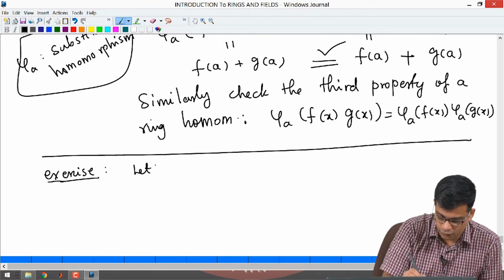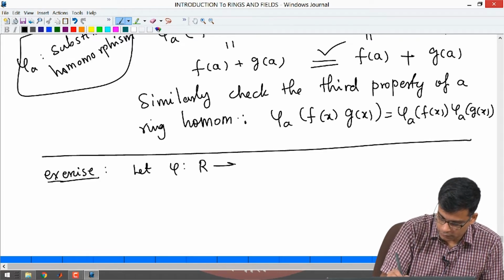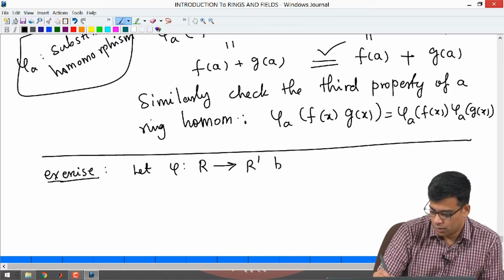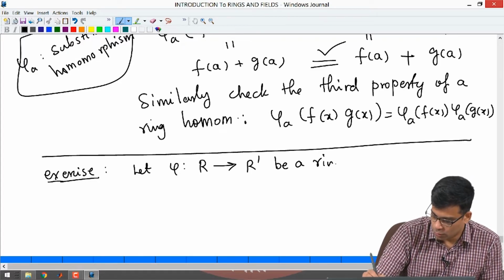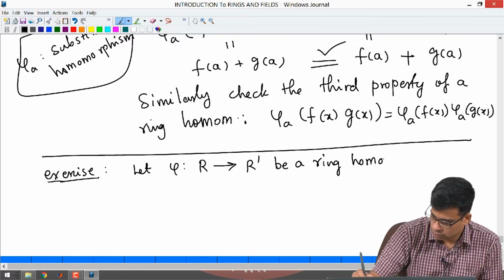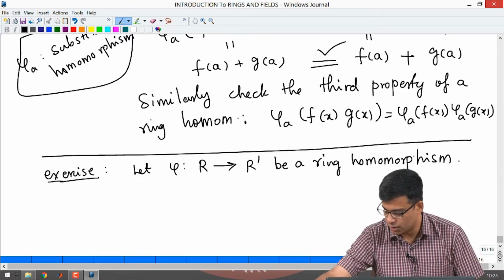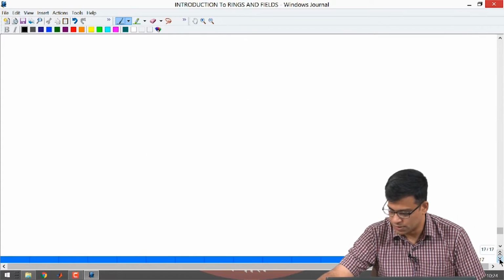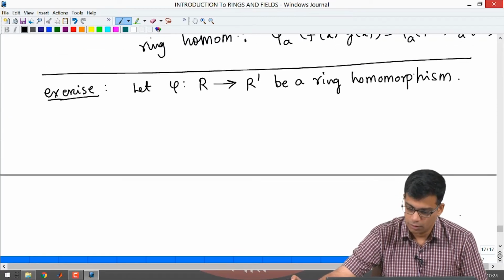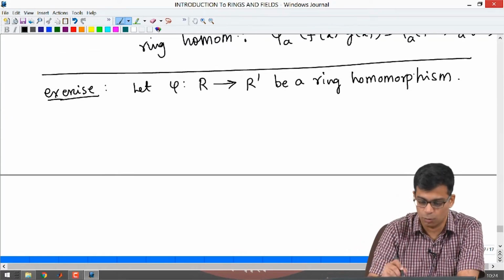So, let us say phi from R to R prime is a ring homomorphism. Here, of course, R and R prime are two rings and phi is a homomorphism.